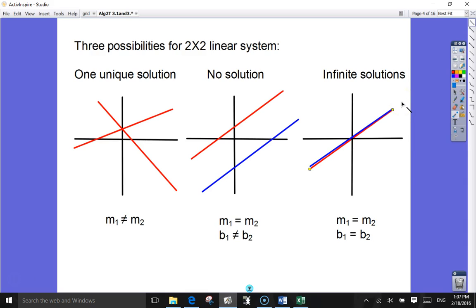It doesn't mean that there's no solution. It means there's infinitely many solutions, right? Every point that's on one line is necessarily on the other line. You already copied most of that anyway.